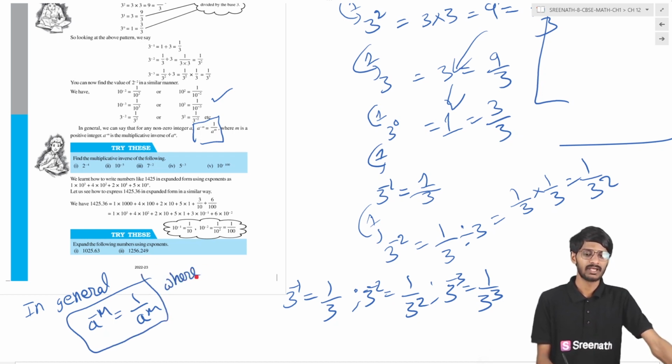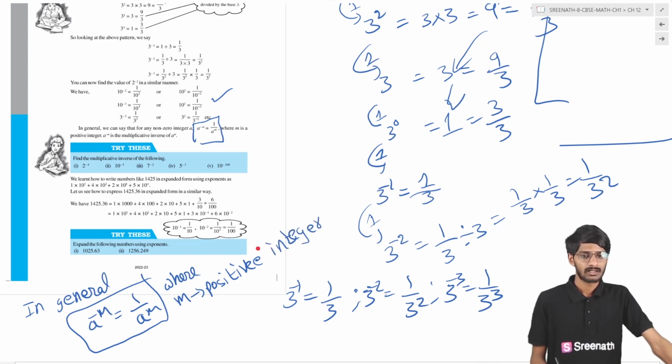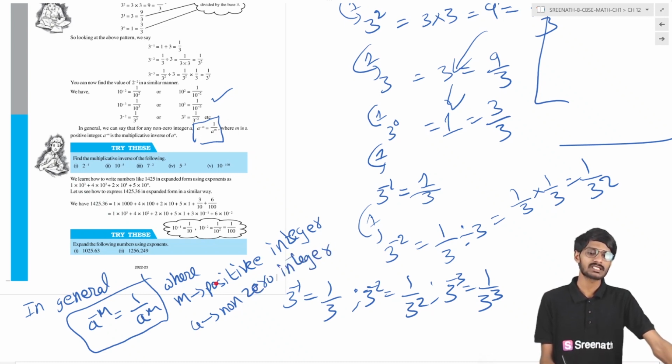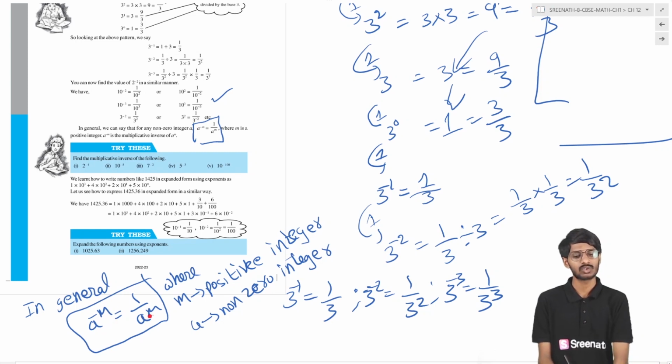Here m is a positive integer, and a is a non-zero integer. So whenever a is a non-zero integer and m is a positive integer, a power minus m is equal to 1 by a power m, students.